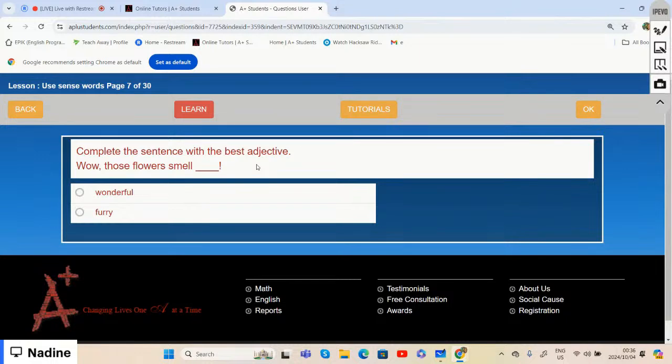So, we need to say how the flowers smell. And we can say, wow, those flowers smell wonderful. So, well done. Wonderful is correct.